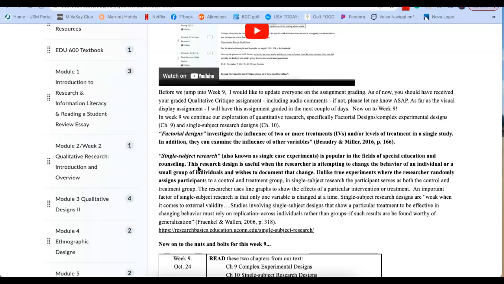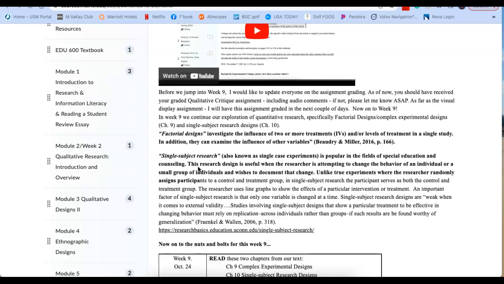Just as it says, in single subject research, the participant serves as both the control and the treatment group. So unlike last week where we were looking at experimental designs, in experimental designs you have a control group and you have the treatment group. In single subject, it's the person, you are in effect trying various treatments on one person. So that, therefore, they are the control and the treatment group.